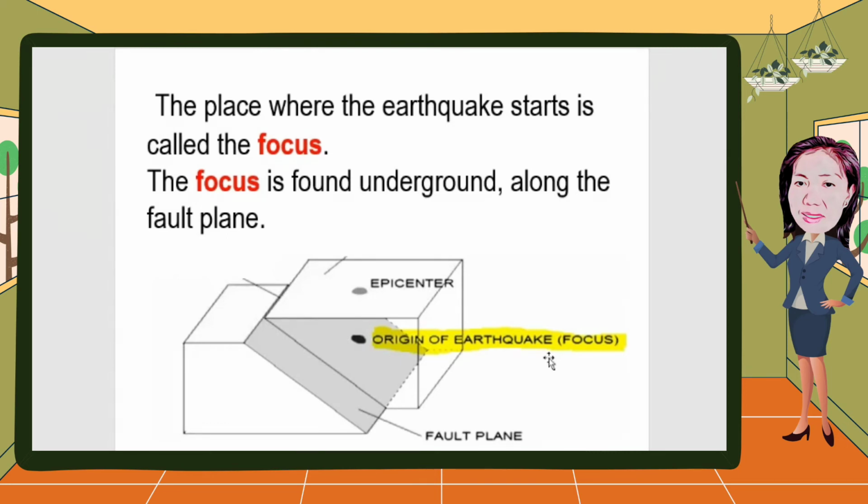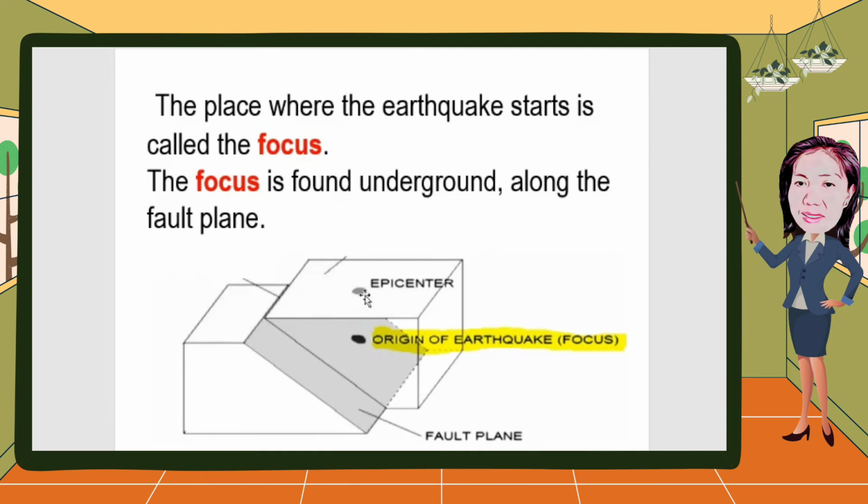So, the spot directly above the focus, so if we're going to mark a line from the focus, yung nasa ilalim ng Earth's crust, towards the outer layer, yung sa Earth's surface, pag mag-point tayo ng spot directly above the focus, this is what we call as the epicenter.